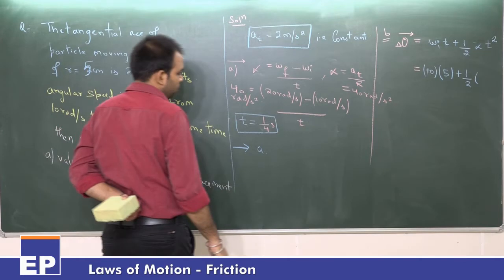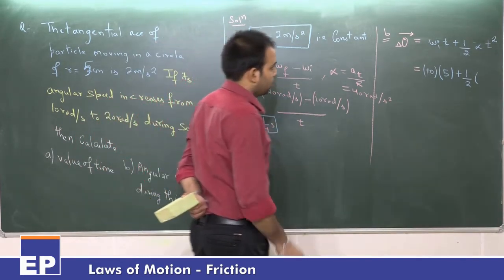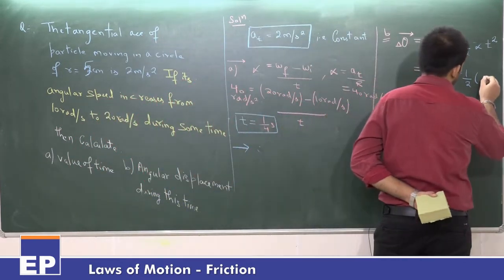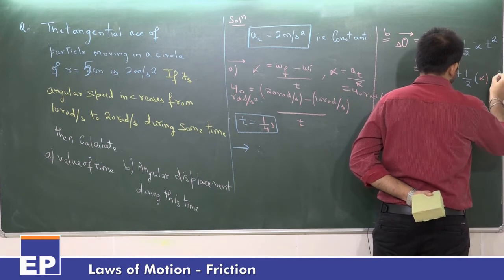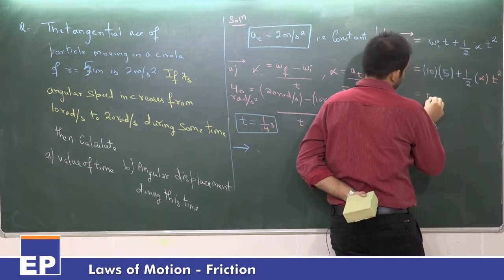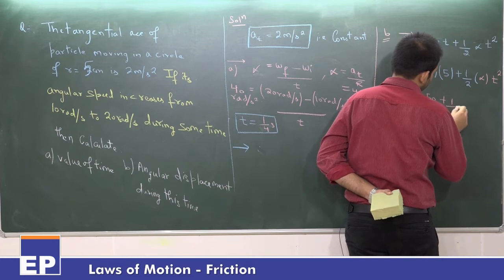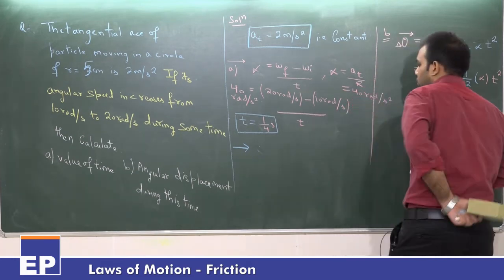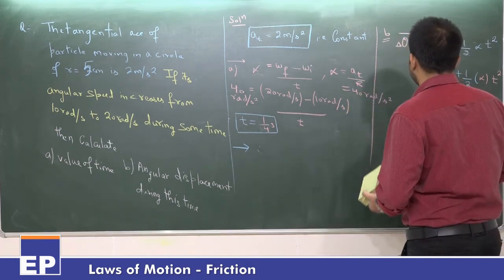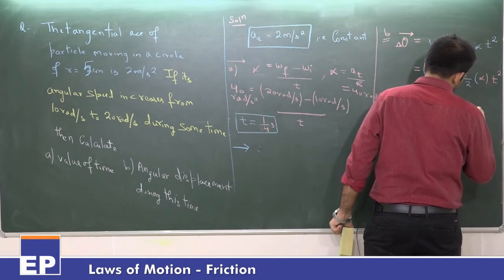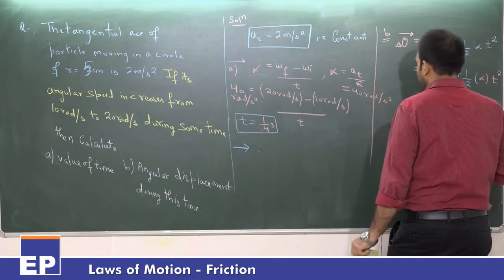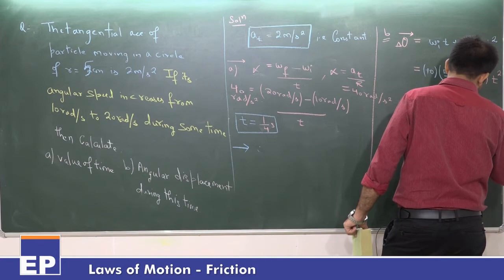Now, what is the value of this? 50 plus half alpha. What is the value of alpha? 40, into t square. T square is 1 by 4 squared, 1 by 16.